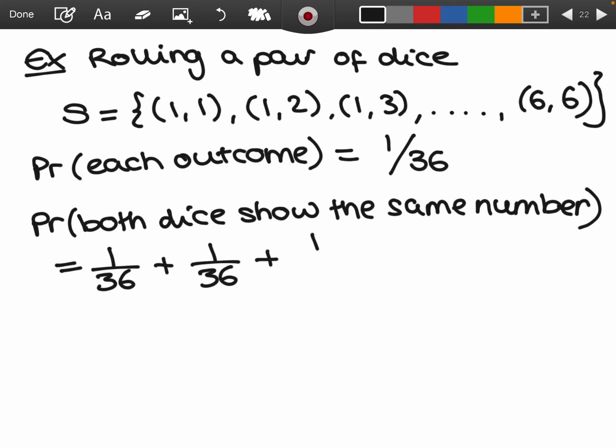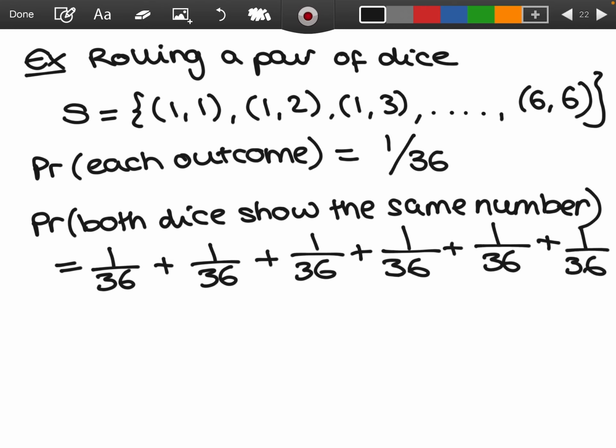Probability of throwing a 2 and a 2, again, is 1 over 36. 3 and a 3 is 1 over 36. 4 and a 4, 5 and a 5, and 6 and a 6, as each one has an equal probability. Okay. So add those together, you get 6 over 36, which is just 1 over 6. Okay, so that brings us back to the example that we did in our last chapter.